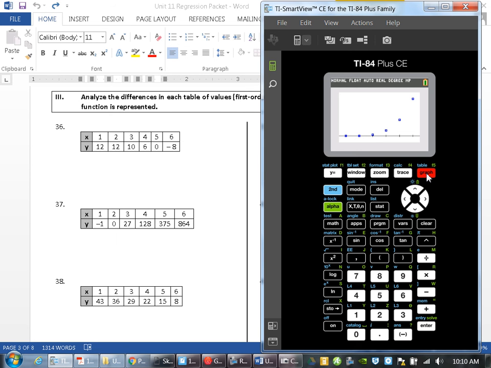But I can't take natural log of -1. It came up with my error right away, saying you can't take natural log of a negative. So we know it can't be an exponential function, because if it were exponential, then graphing the natural log would look linear-ish. You have to natural log that whole column, but as soon as I hit natural log of -1, it came up with a domain error, so it's not going to work.